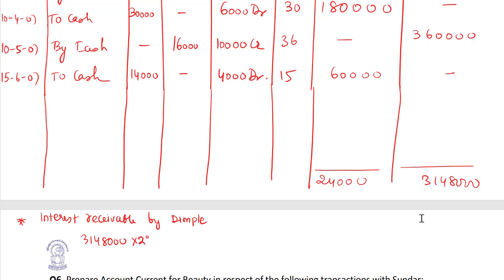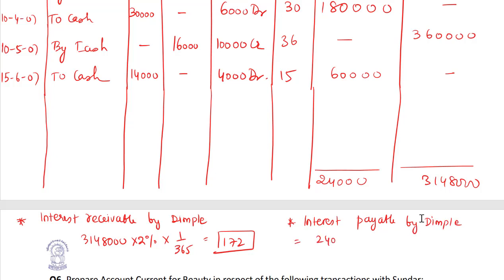31,48,000 at 2% multiplied by 1 upon 365. Quickly do it: 172. And interest payable by Dimple: 2,40,000 multiplied by 5%, 1 upon 365, is 33.